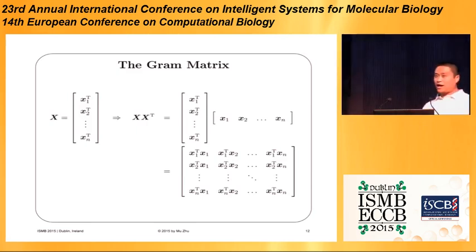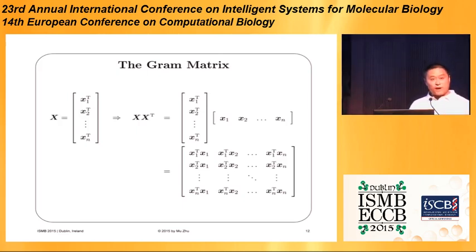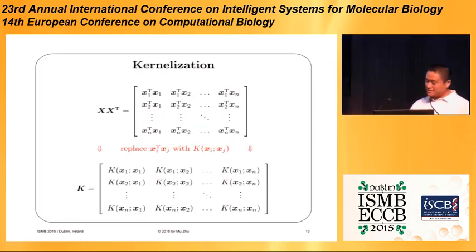If you have a multivariate technique that depends on a type of inner product matrix called the Gram matrix, the entries here are the inner product between the first observation and the first observation, the first and the second, the second and the first, and so on. Of course, it's symmetric. If you discover that your multivariate technique depends on this type of Gram matrix, then you can replace the inner product with a kernel function, like this.